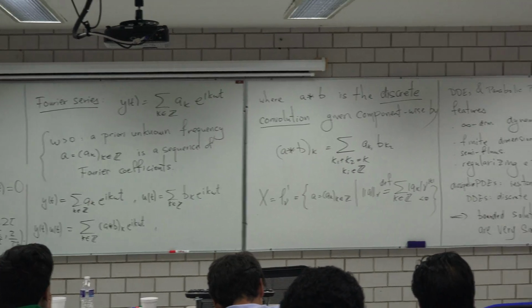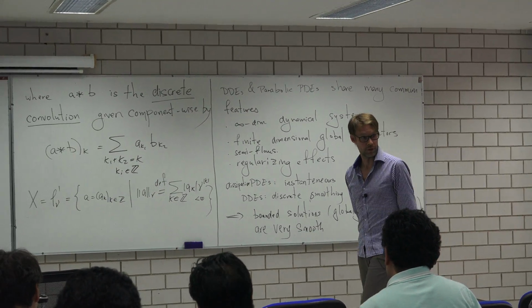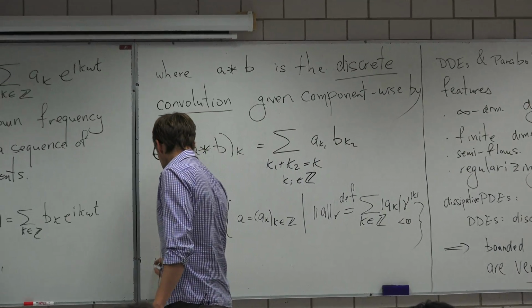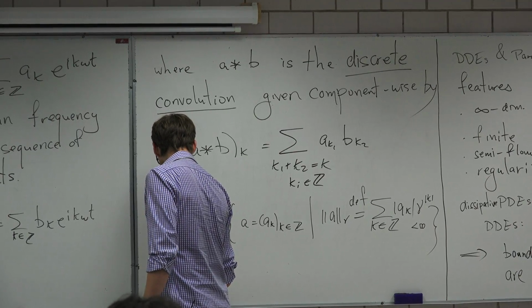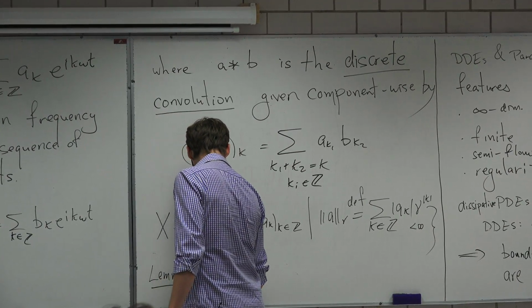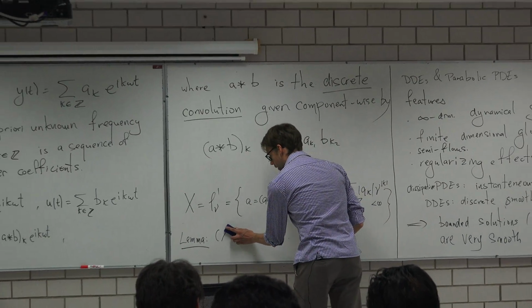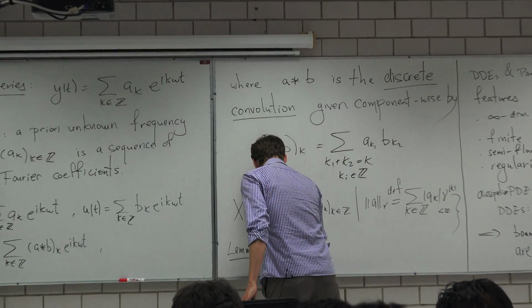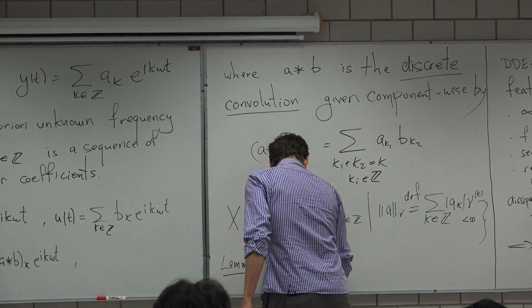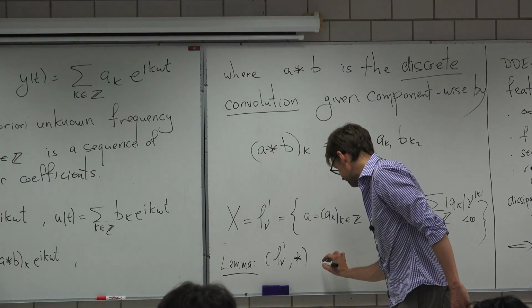Very similar structure, and as yesterday, I'm not going to prove it, but it's a very similar proof. So L nu 1 with the star is a Banach algebra, where now star is discrete convolution.